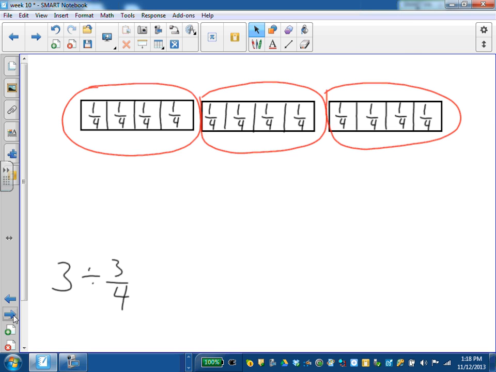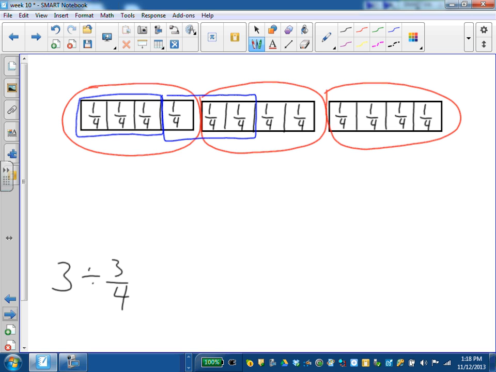So let's see how many of those I would get. So here's my first group. I've got 3/4 in this group. And then here's another 3. So I've got 3 there. And then here's another 3 there. And then that leaves me with 3 left.